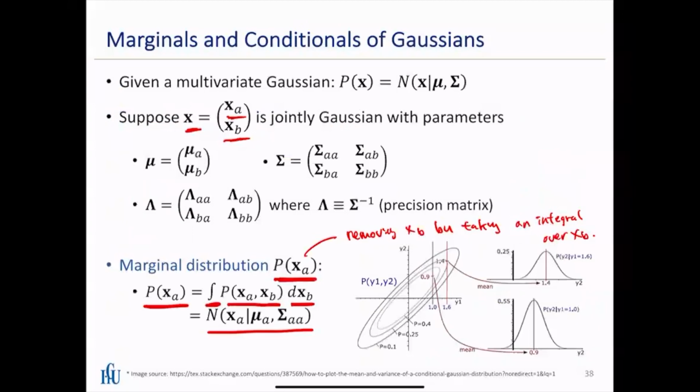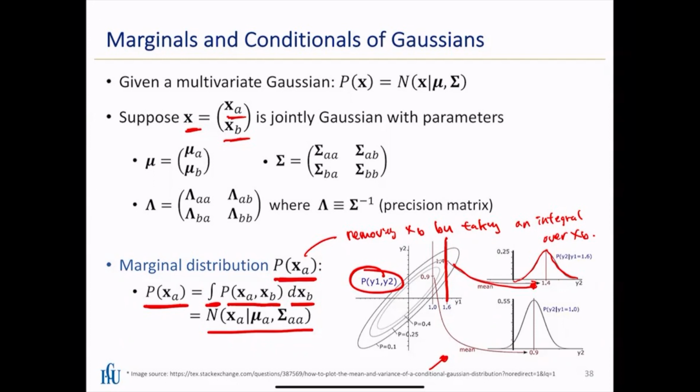The conditioning part can be understood with this diagram. Here you have the joint distribution of probability y1 and y2. You're conditioning on a certain value of y1. That is the same as drawing a cut in this distribution, and you're looking at the surface after the cut, which forms another Gaussian.